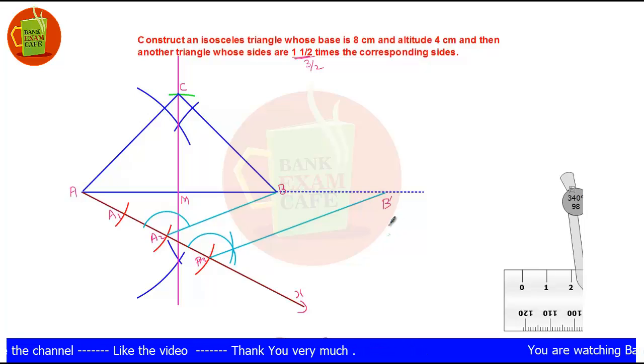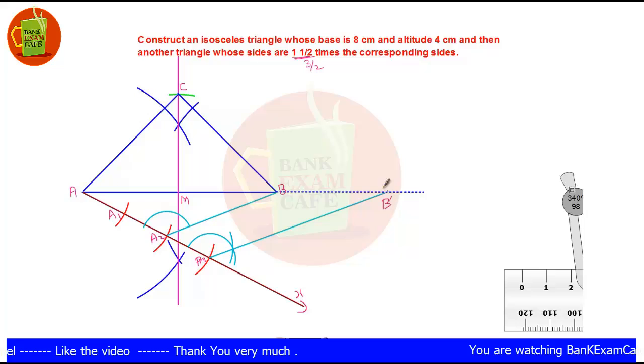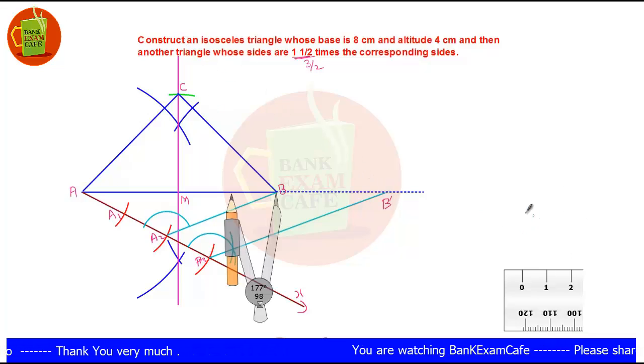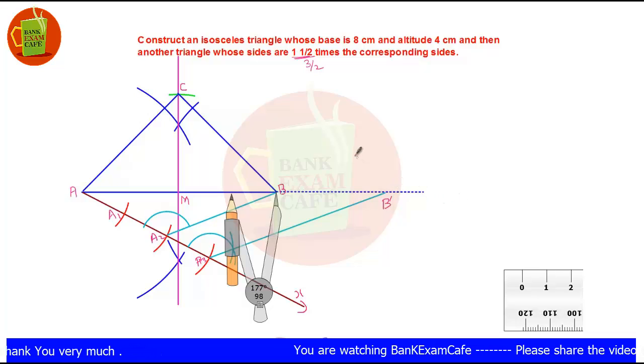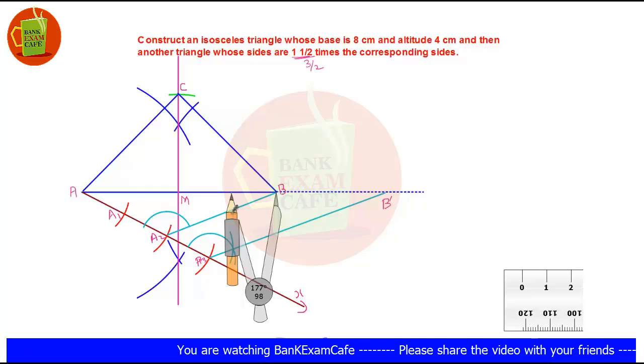Now from B dash, draw a parallel line to BC. To draw a parallel line from B dash, take B as the center and draw an arc intersecting these two sides.